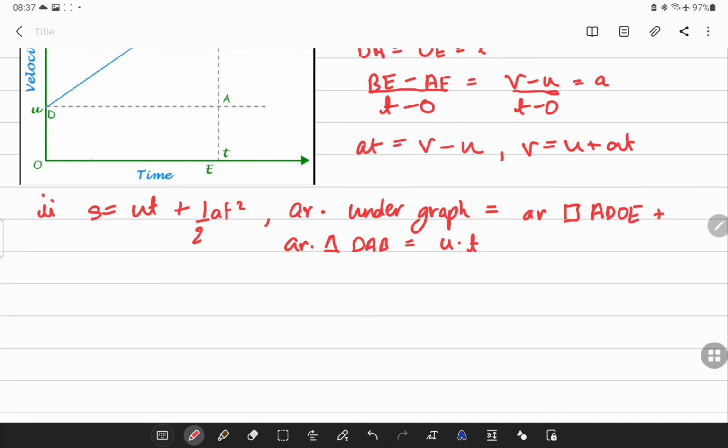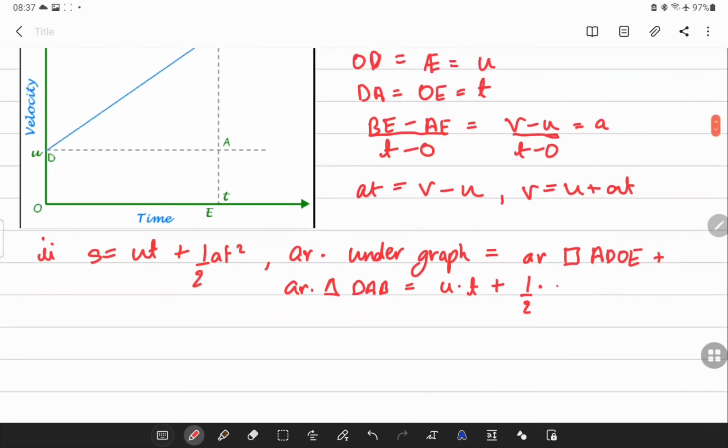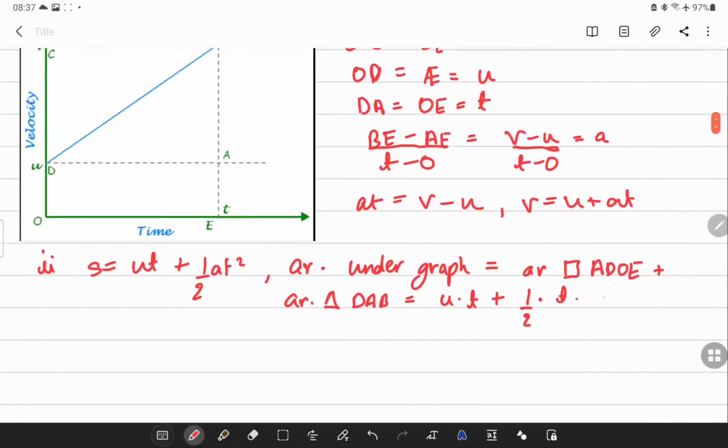Here length is time and breadth is initial velocity. Now the area of the triangle is half into length into breadth, which in this case is half into time into (v minus u).